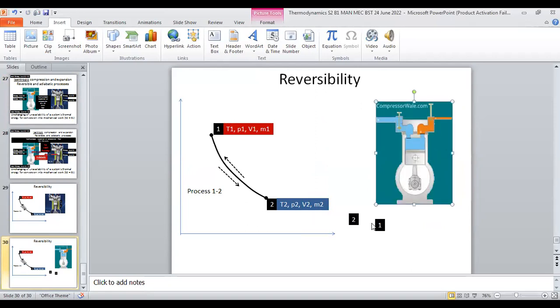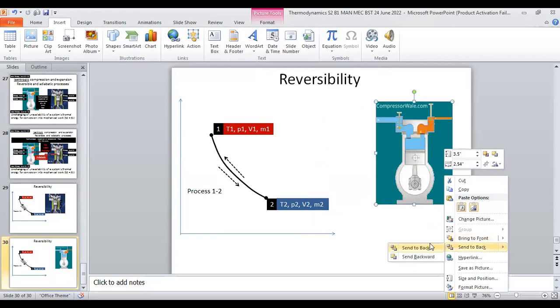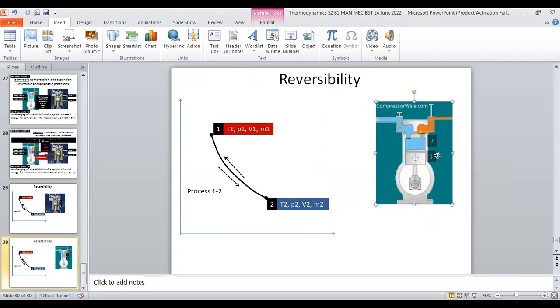Put it here. 1 is here. 2 is here. So this is getting compressed, with higher pressure values and smaller volume values.